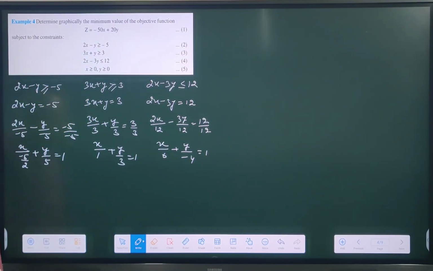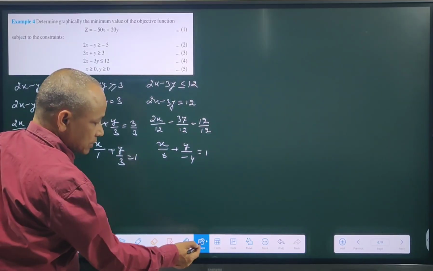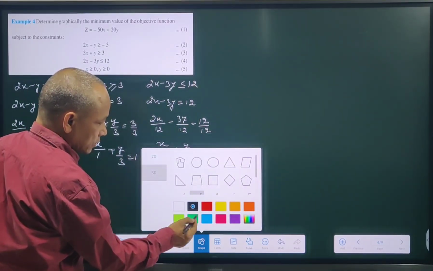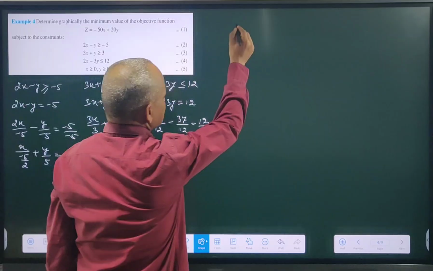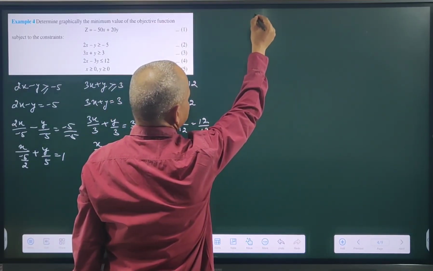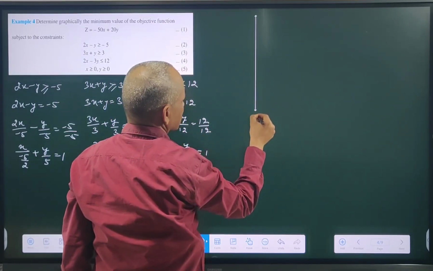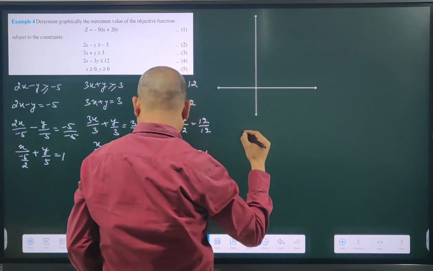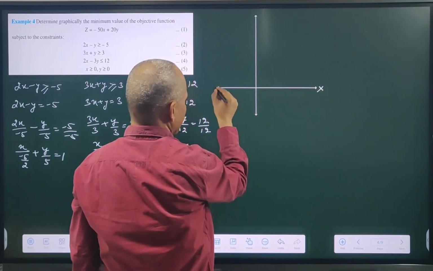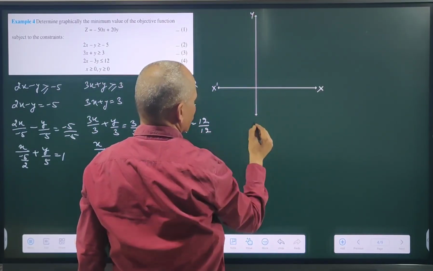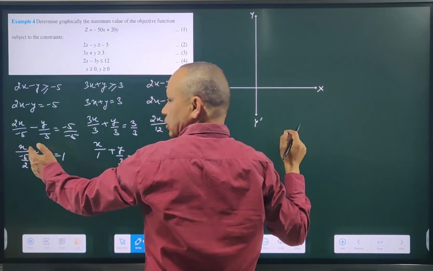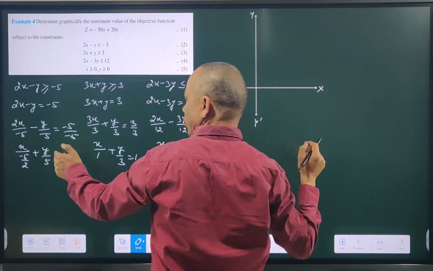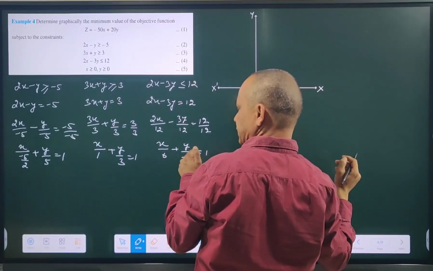Now, what do we do? We will draw the graphs of these inequalities on a single graph sheet. This is the y-axis. This is the x-axis. X dash, y dash. On x, minus 2.5, and on y, 5, 1, 3, 6 and minus 4.